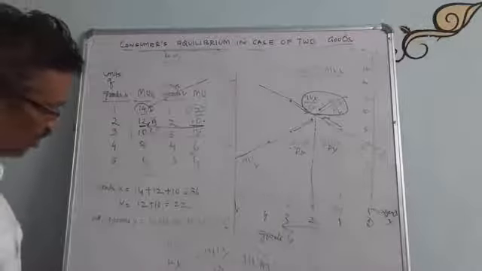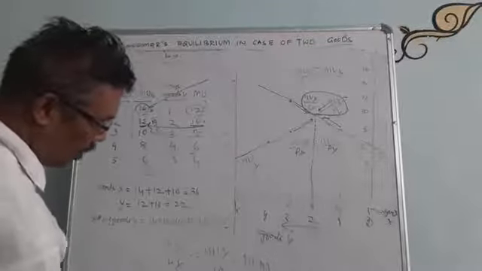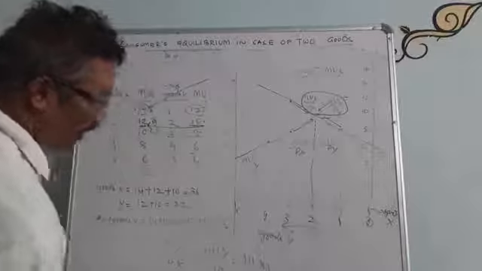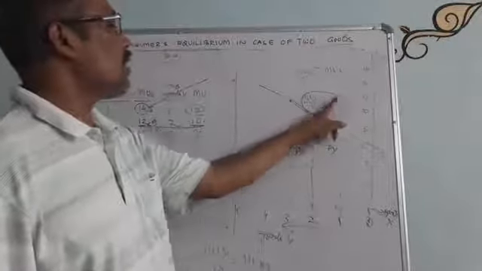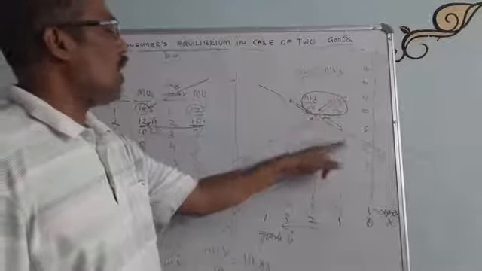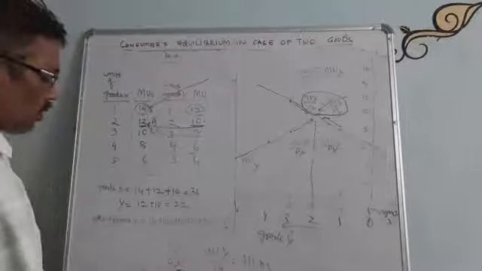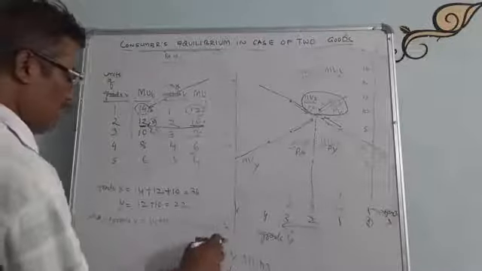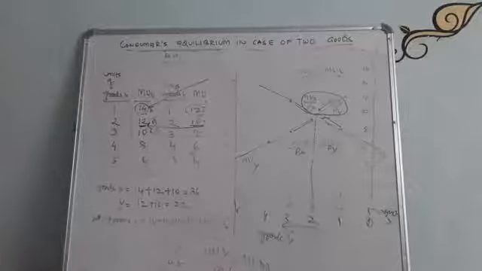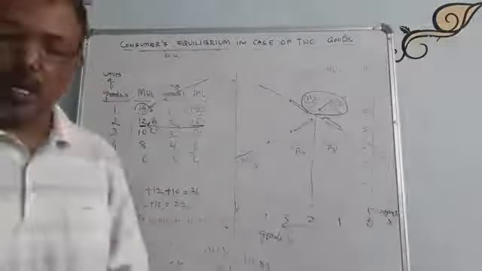And second, if marginal utility of X upon price X is less than marginal utility of Y upon price Y, the consumer will purchase more of good Y and less of good X until reaching equilibrium: marginal utility of X upon price X equals marginal utility of Y upon price Y, or marginal utility of X equals marginal utility of Y.